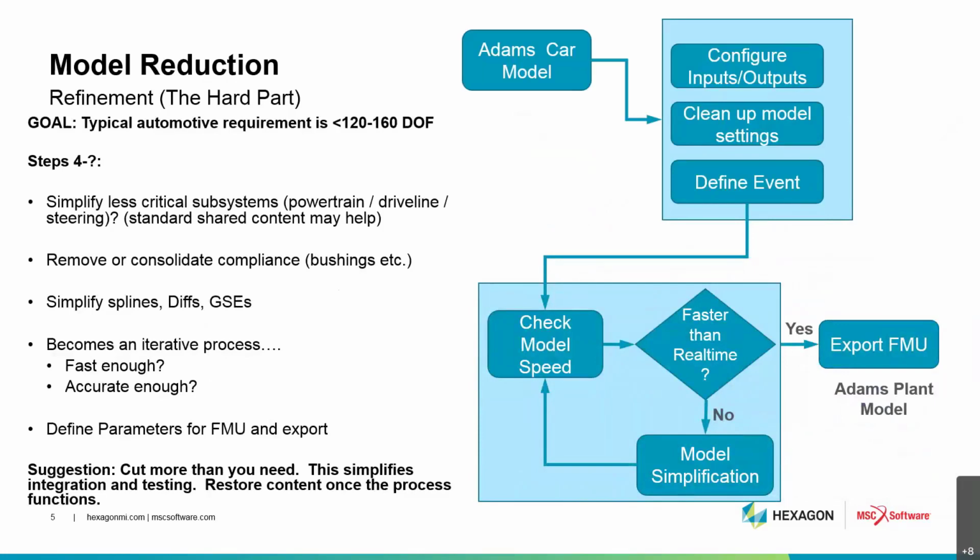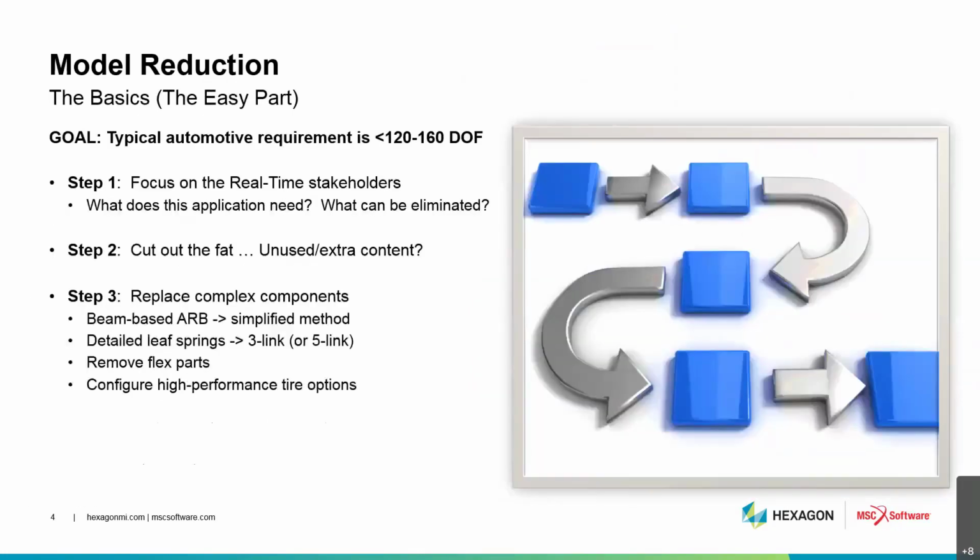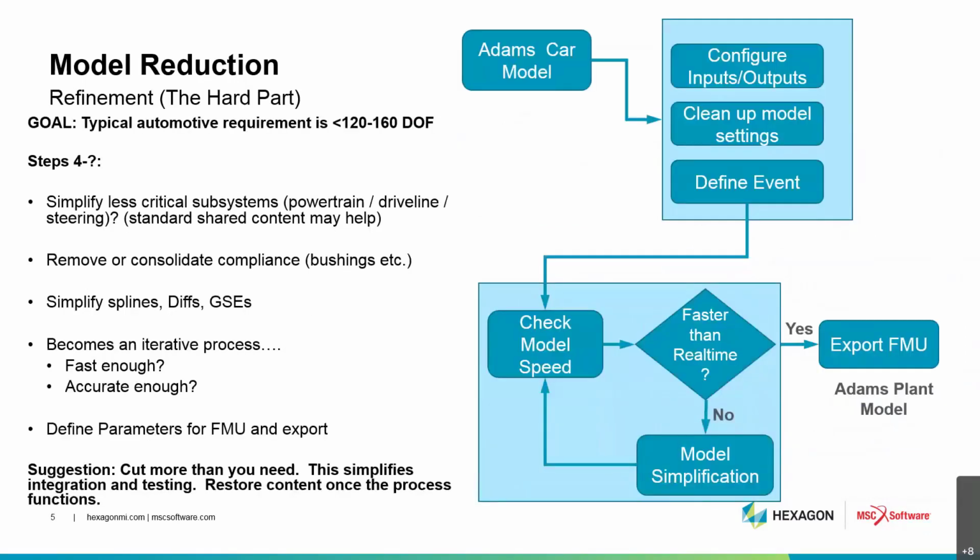Okay, so now we get into the harder part. We go from our nice, clean, simple, idealized flowchart to more of a real flowchart here. Now we've got to start chipping away at things. Sometimes you have less critical subsystems that can be cleaned up or simplified down. So depending on your application, maybe you're focused on the steering, but you can reduce the powertrain fidelity.